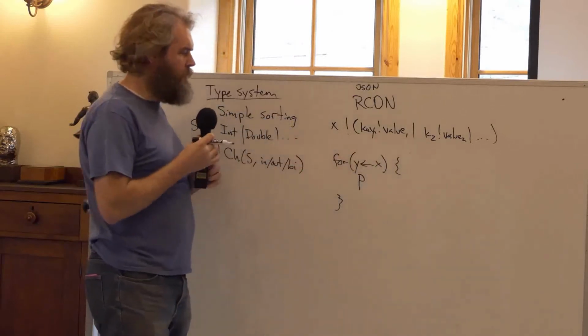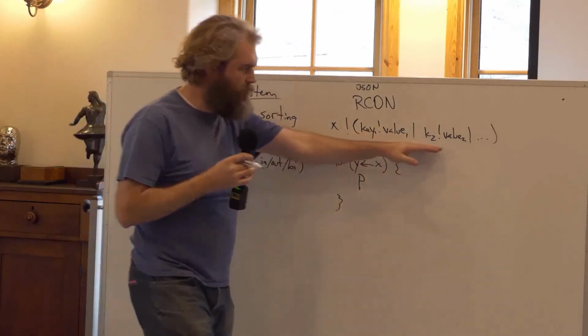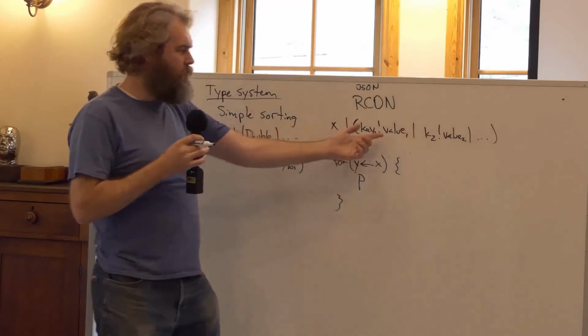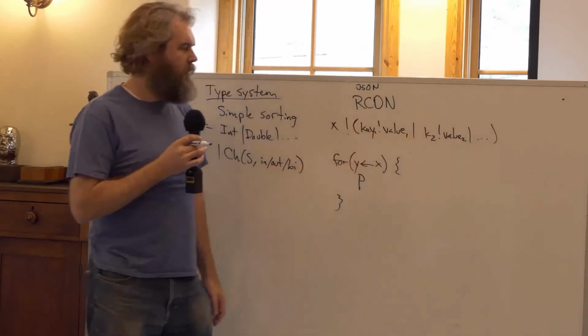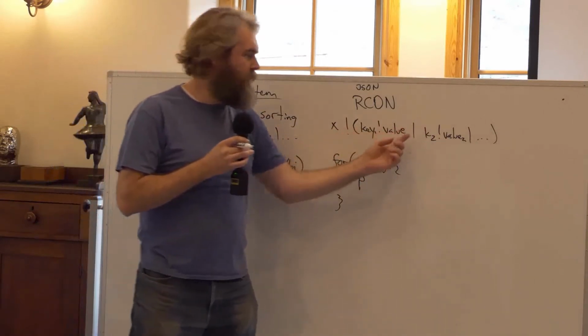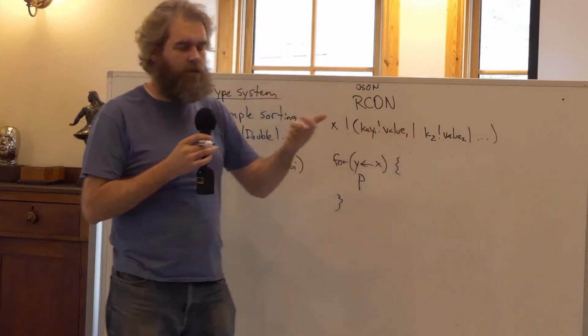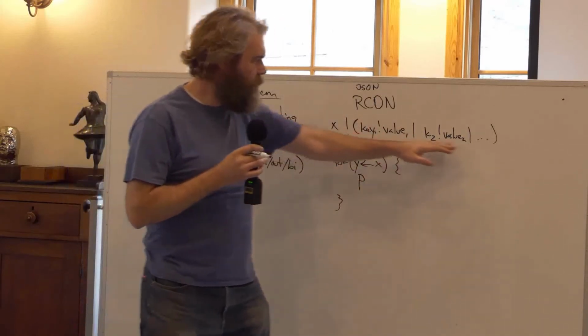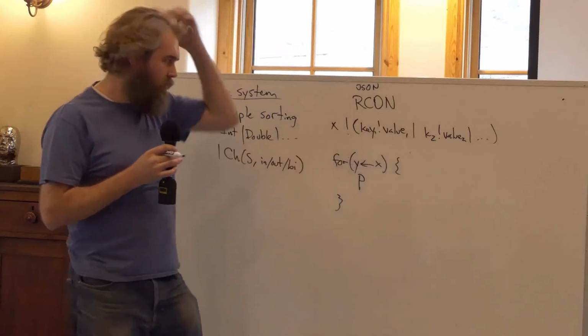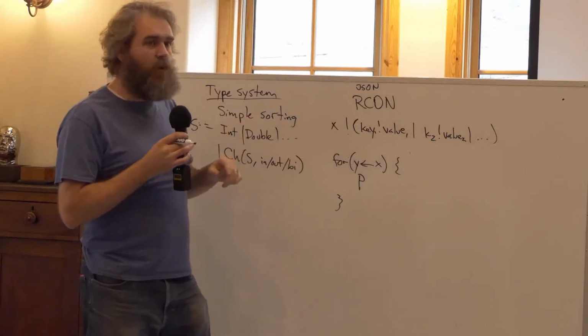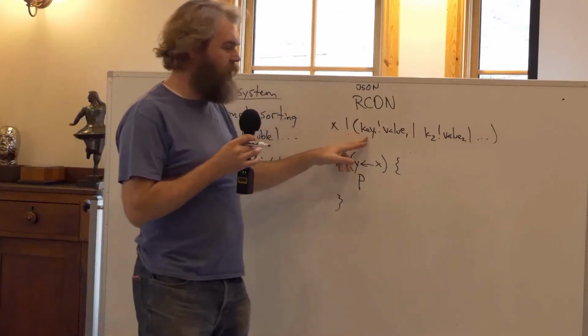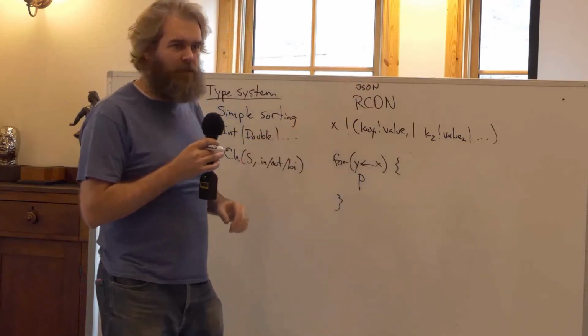Then you can do a destructuring match on the structure of this process. It's a really nice way of doing a map, because pipe is commutative, so these are unordered key-value pairs. In fact, it's a multi-map because you can do key1 bang multiple times.